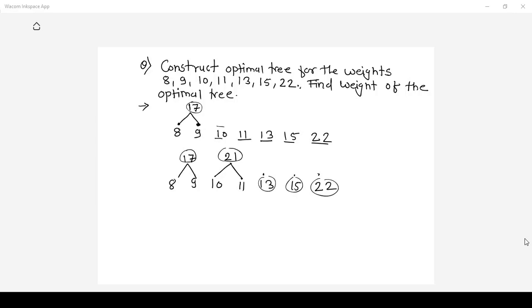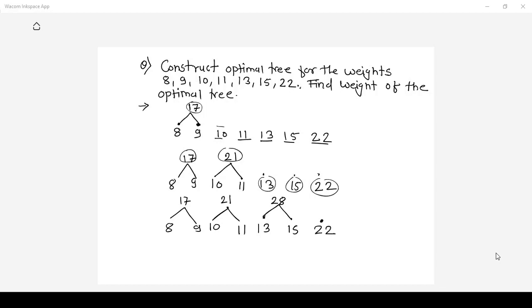Among these, again we select the two minimum weights and add them. Next two minimum are 13 and 15. So 13 plus 15 gives you 28, and the last weight left is 22.